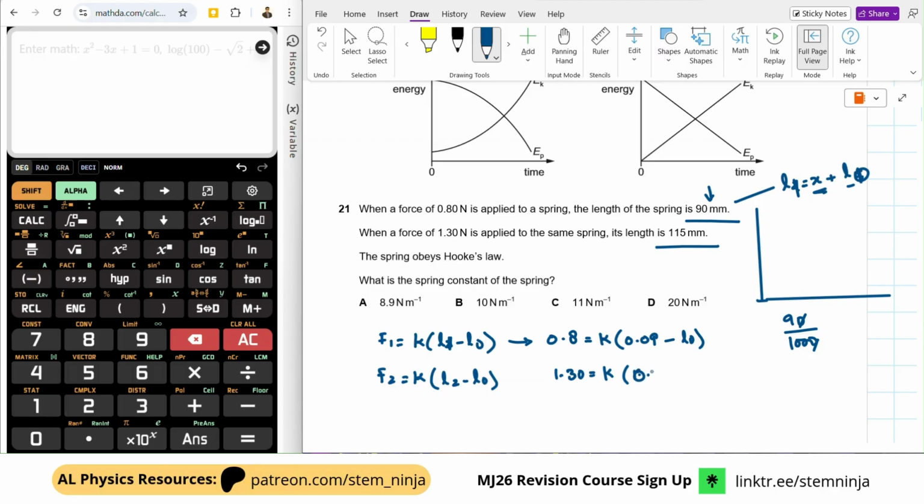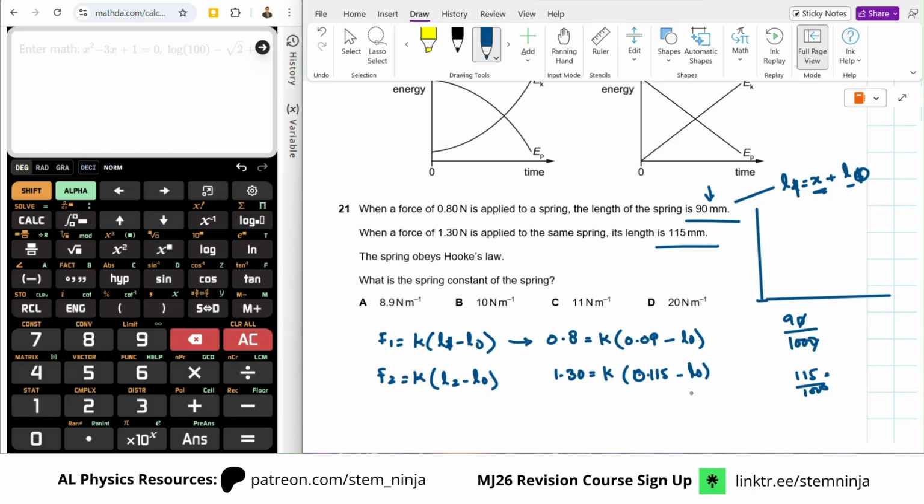No, sorry, 0.115 minus L0. Because 115 divided by 1000, that is 0.115. Right, okay.